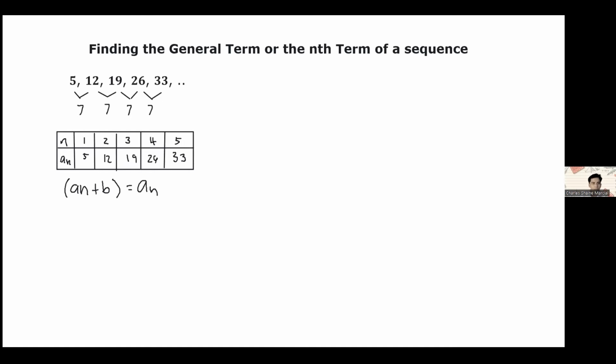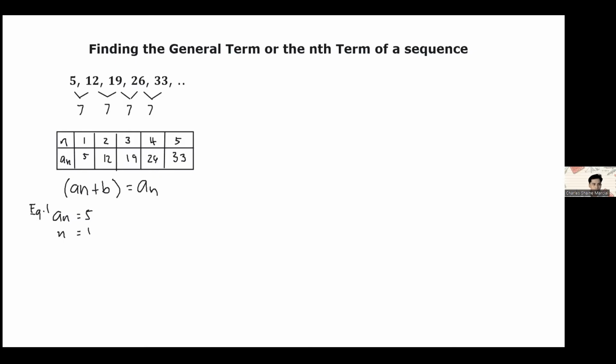So una nating gawin itong equation using this one. We have 1 and 5. So a sub n is equal to 5 and n is equal to 1.